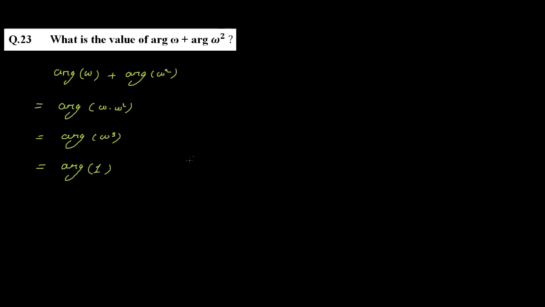Argument of 1 means, if I draw it on the Argand plane, this is my real axis and this is my imaginary axis. The point has real part 1 and imaginary part 0, so I have the point (1, 0).